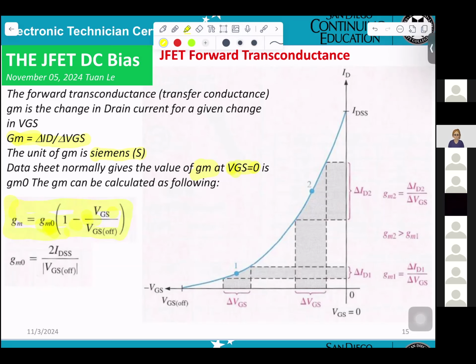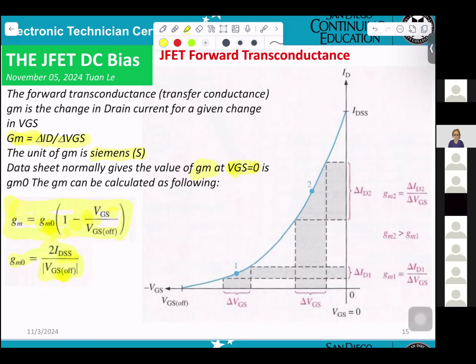My question is, what is the GM0? GM0, that means GM at VGS equal 0. If they not given GM0, then you can use formula GM0 equal to 2 times IDSS divide VGS off. However, VGS off have to be absolute value, no negative.